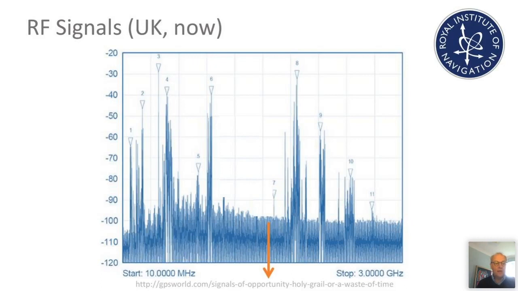So in order to bring those signals out from below the thermal noise floor, you need a GPS receiver. You can't actually see them on a spectrum analyzer. So the key takeaway in this introduction is they're extraordinarily low power signals. Spread spectrum techniques are used.